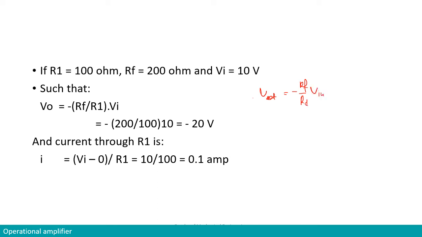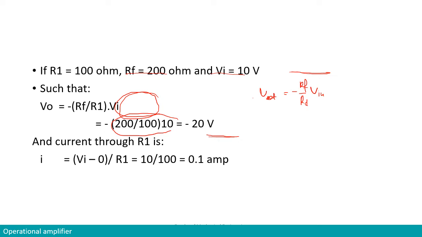If we have R1 equals 100 ohm and RF equals 200 ohm, and we put 10 volts at the inverting terminal, the gain, minus RF over R1, is minus 2.